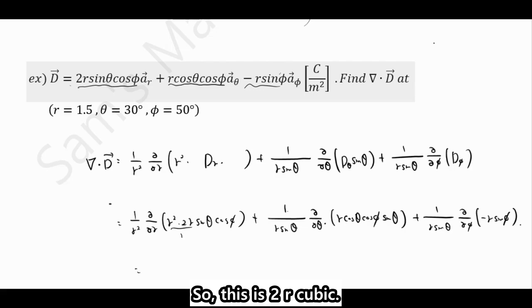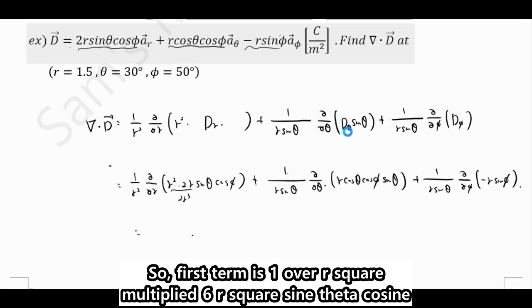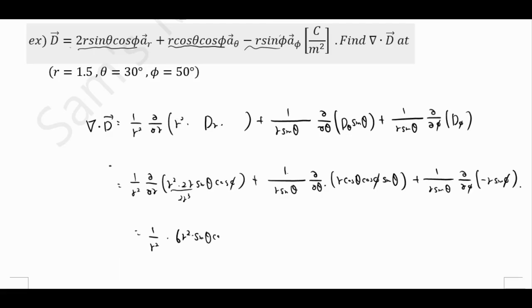So this is 2r cubic. The first term is 1 over r square multiplied by 6r square sine theta cosine phi, plus 1 over r sine theta.